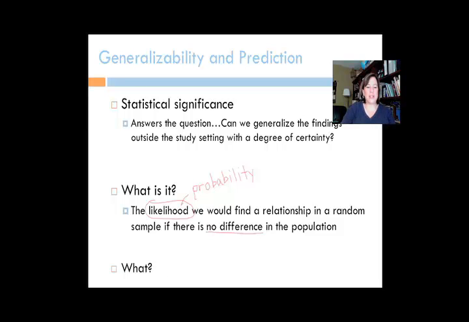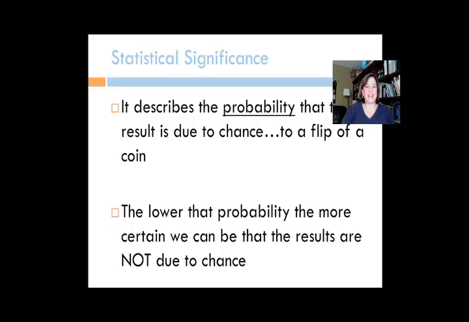It describes the probability that a result or a relationship that we find is due to chance. So it is the probability that we would find that relationship at a flip of the coin.